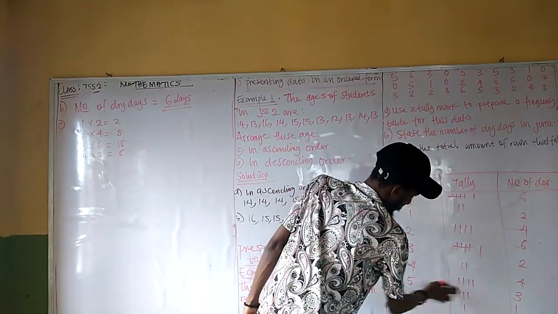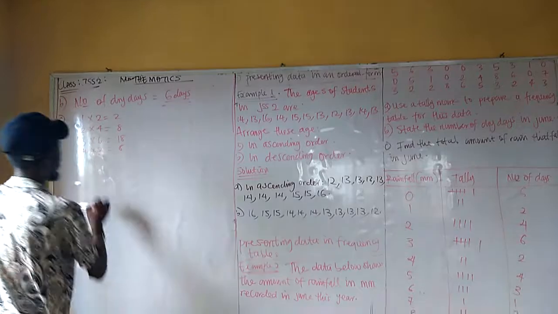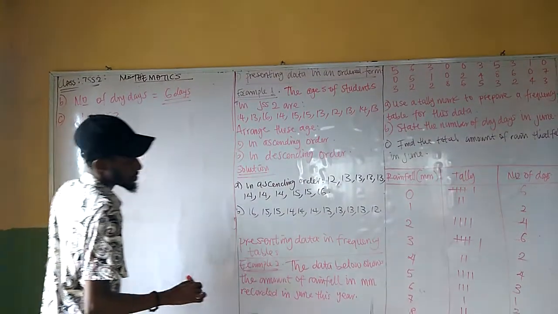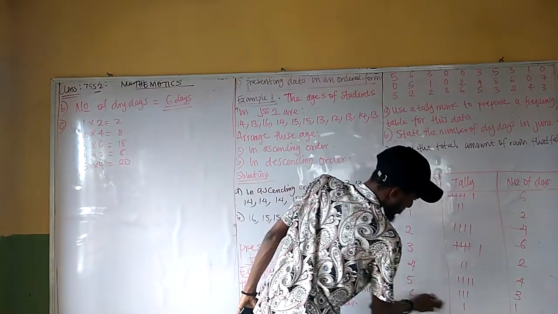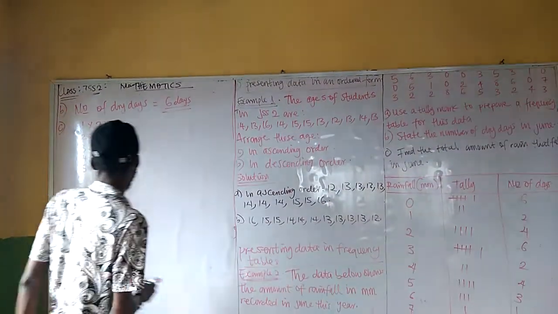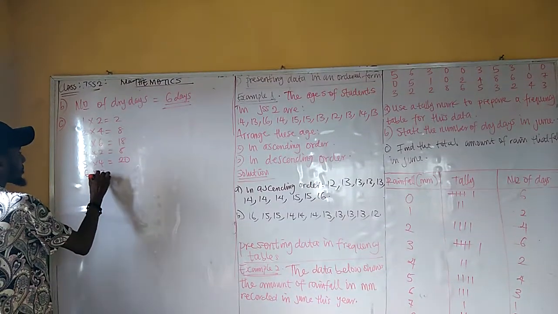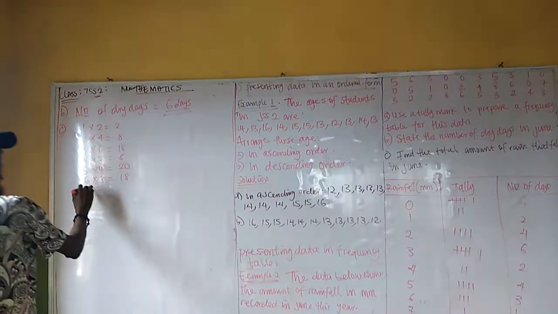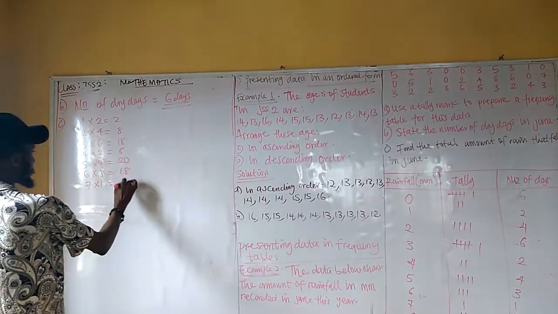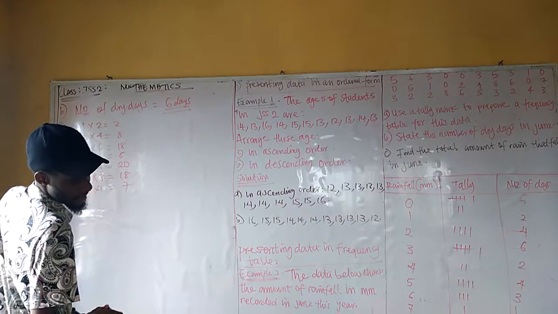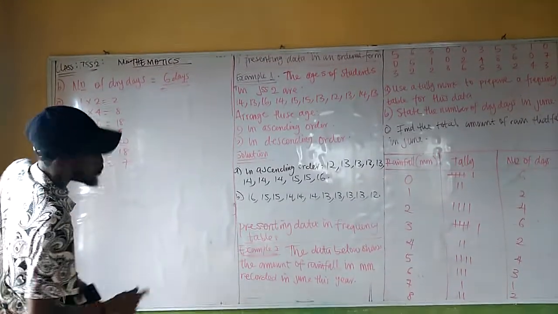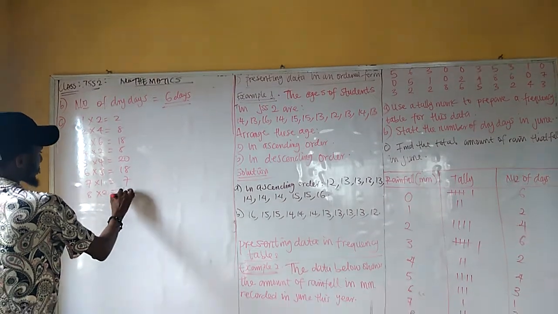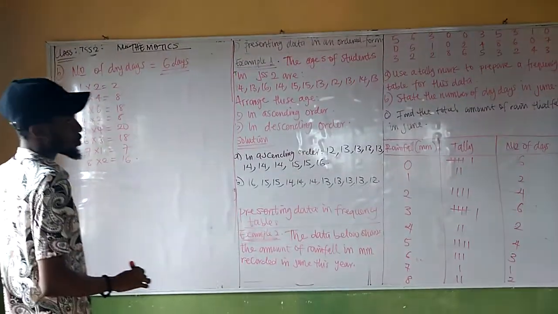Then you have 5 multiplied by 4, which will give us 20. Then 6 multiplied by 3, which will give us 18. Then 7 multiplied by 1, which is 7. Then 8 multiplied by 2, which will give us 16.